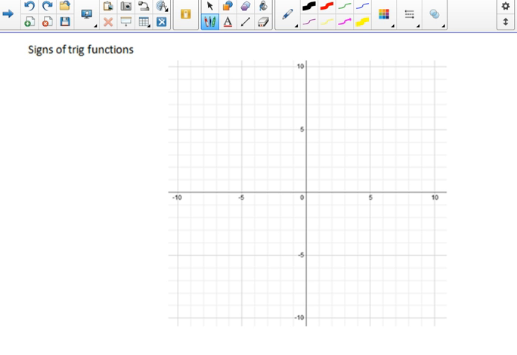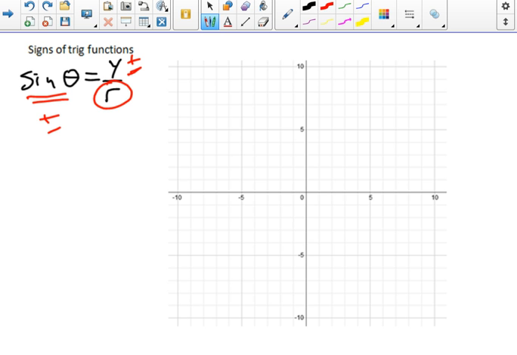Signs of trig functions. We already got a good feel of this because, if you recall, since r is always positive, sine of theta, of any angle theta, is defined, of course, as y over r. Since this always has to be positive, the sine will be positive anytime y is positive, and the sine will be negative anytime y is negative.